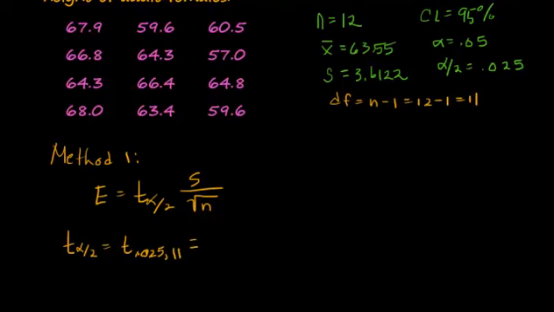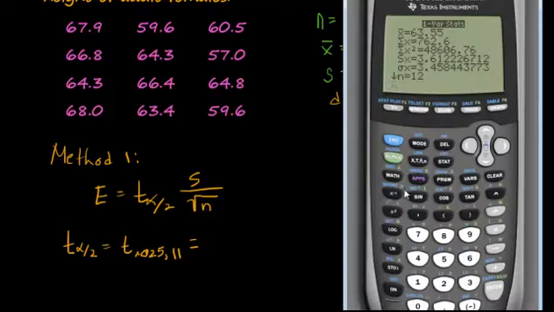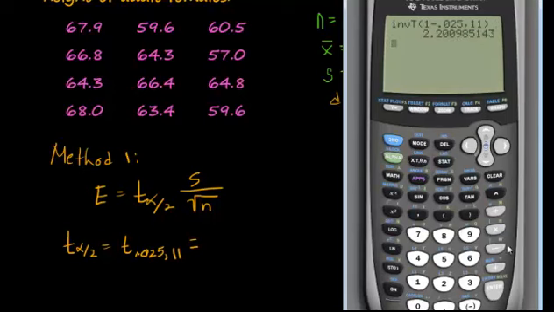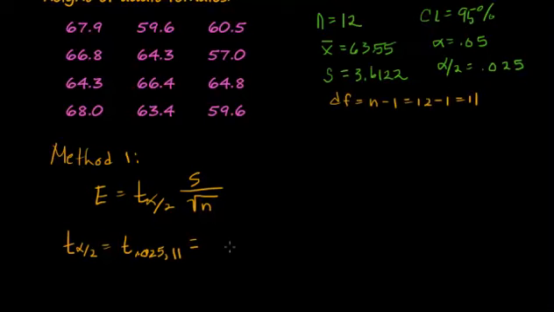Okay, and we'll get this by going to our distributions, inverse t, area 1 minus 0.025, degrees of freedom, we just said that was 11. Okay, that looks right. 2.20. Alright, so we have 2.20.